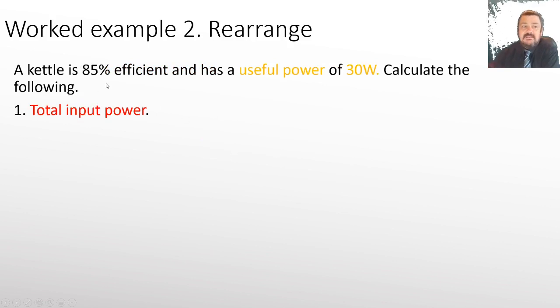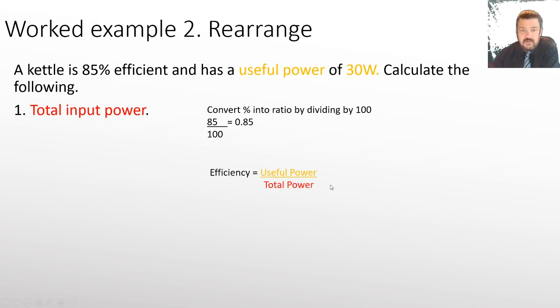Okay, so now we're going to look at going the other way. A kettle is 85% efficient and has a useful power of 30 watts. Calculate the total input power. What we need to do first is convert our percentage into our decimal ratio. So 85 divided by 100 gives you 0.85.